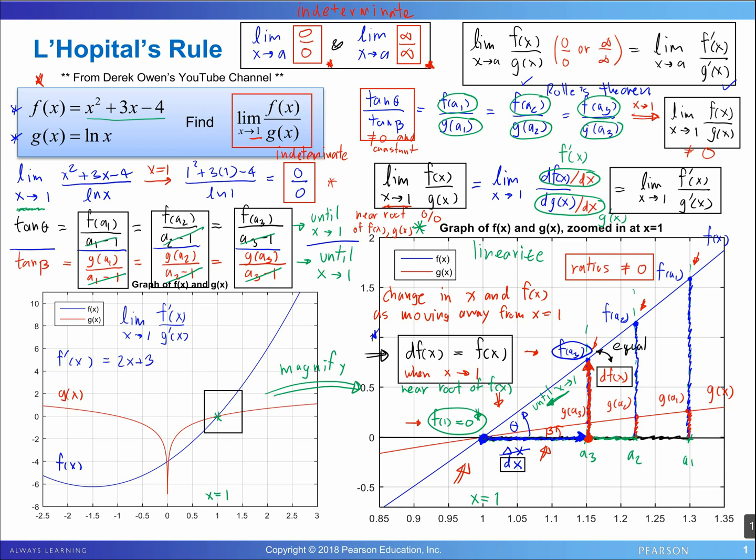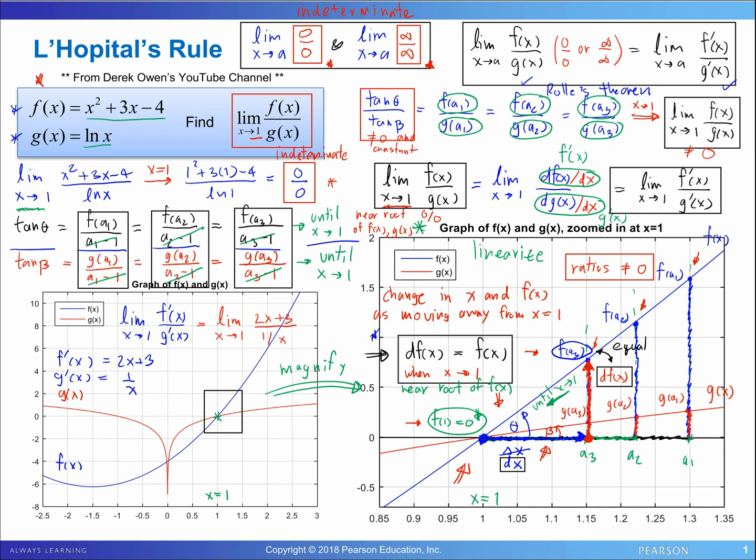What about g prime of x? G prime of x equal to, I diff ln x, I get 1 over x. So the limit up here is going to be equal to the limit of f prime of x, 2x plus 3, divided by g prime of x, which by now we know is 1 over x, when x approaches 1.